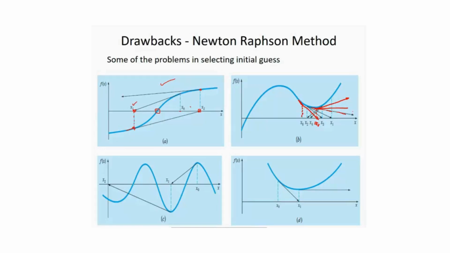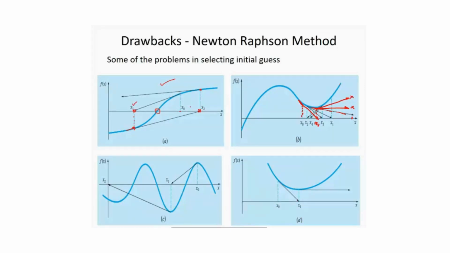In this case you will get the root only if it touches somewhere here. Here it may touch or may not touch this arc, and here it is horizontal. Horizontal means it is moving in this direction, so you won't get the root. And this is also a case, where it is moving far away from the curve.